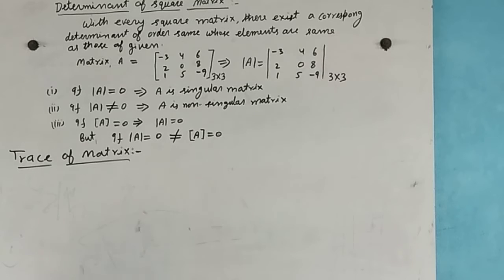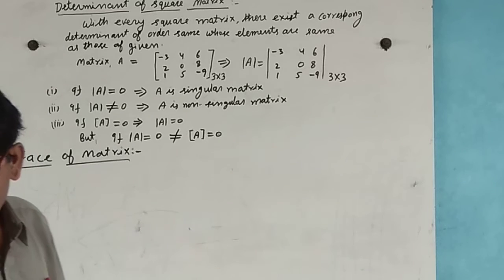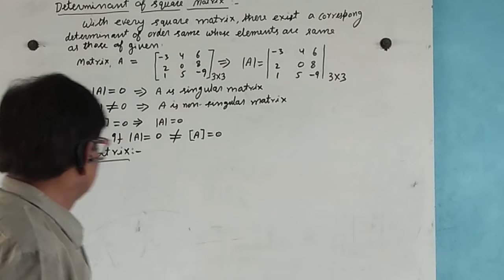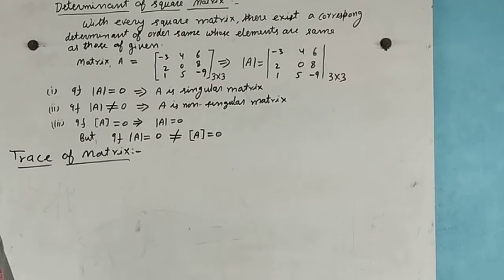It means that we have a square matrix, and the principal diagonal runs from the upper element on the left-hand side to the lower element on the right-hand side, and the sum of the elements of the principal diagonal is known as the trace.